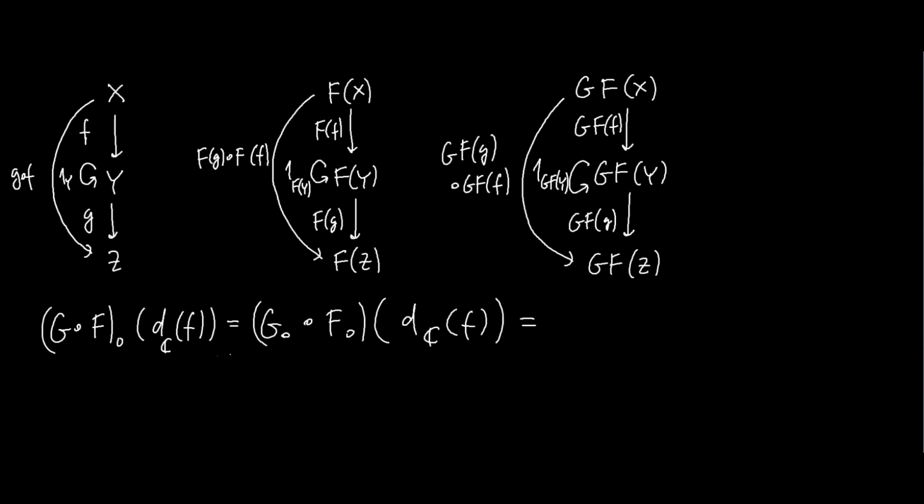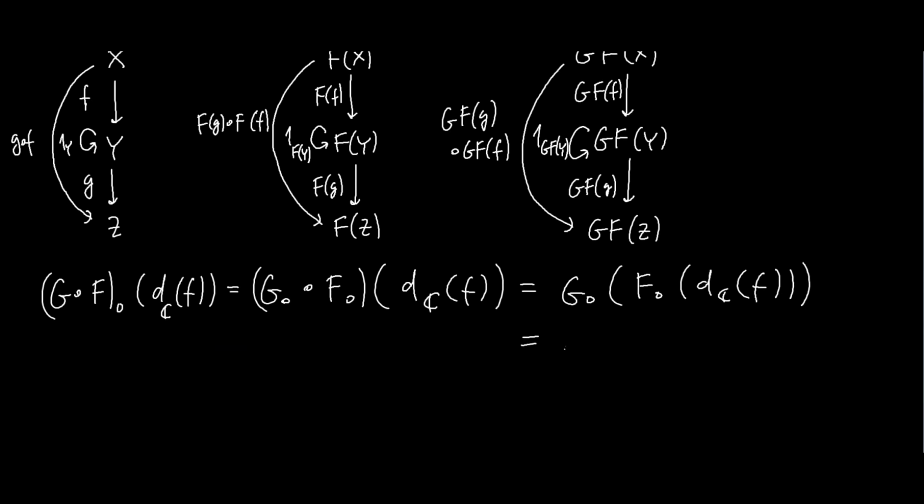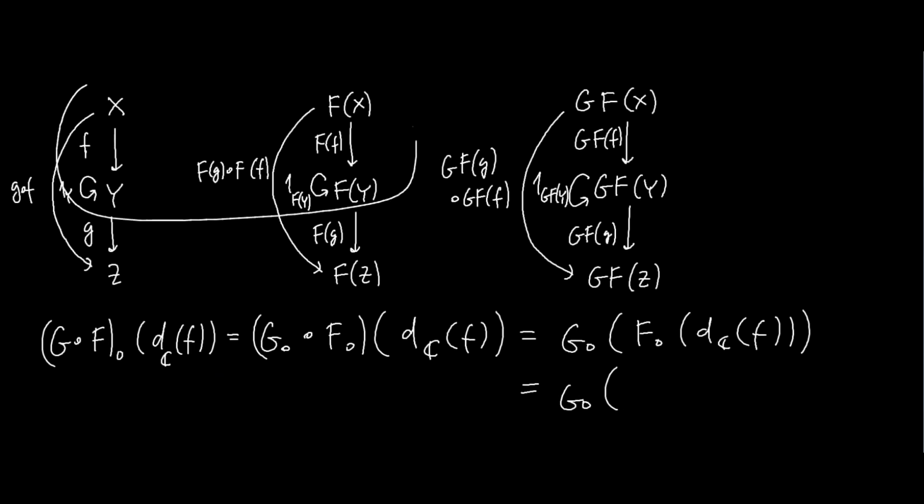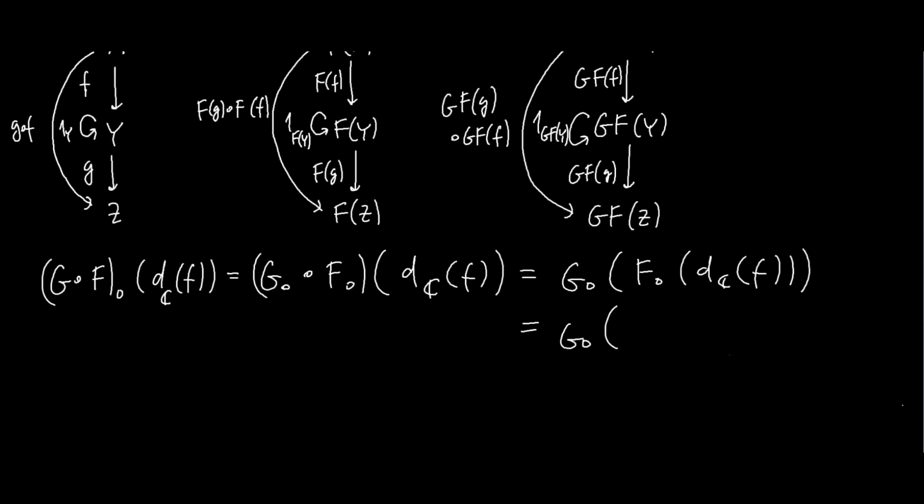And by definition of composition of functions, this is just g0 applied to f0 applied to d of f. And by the fact that f is a functor, so we're basically using this picture here now, this will be the domain map in the category D for f1 of f.